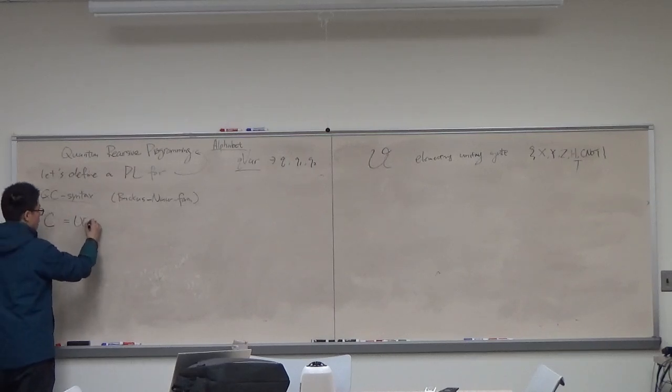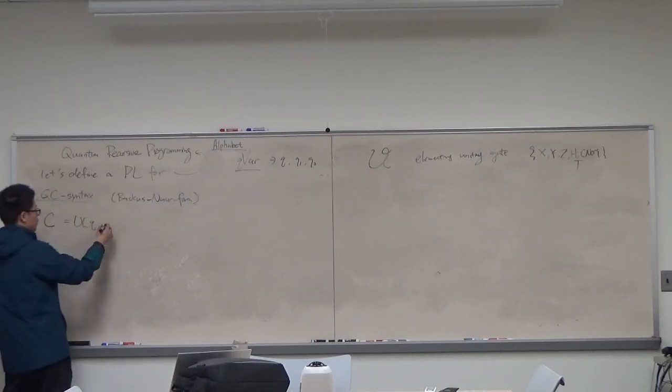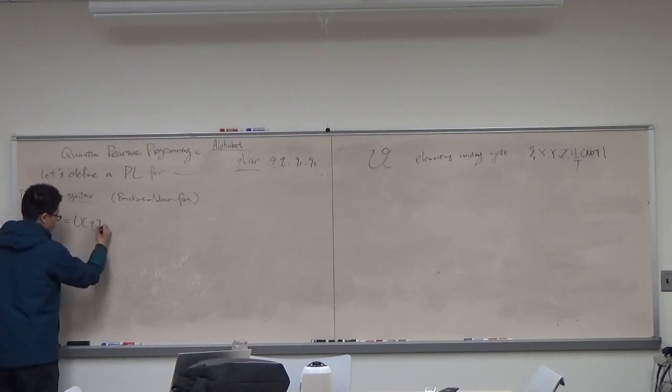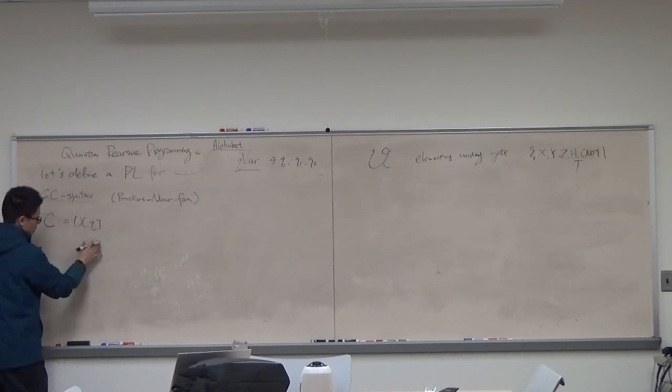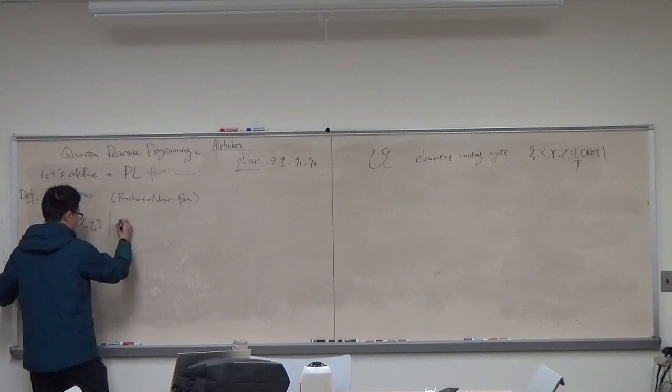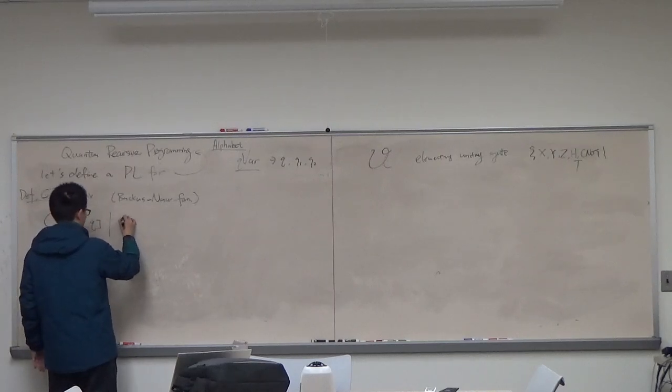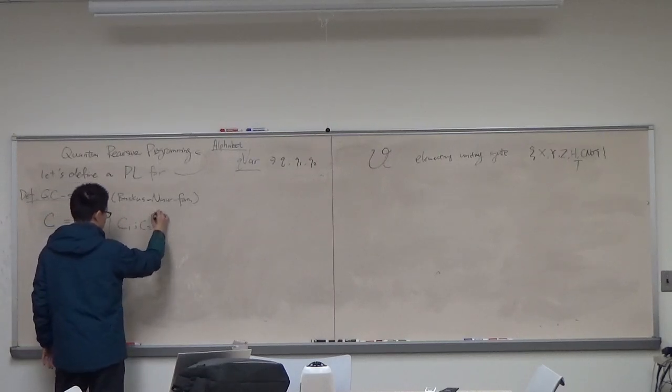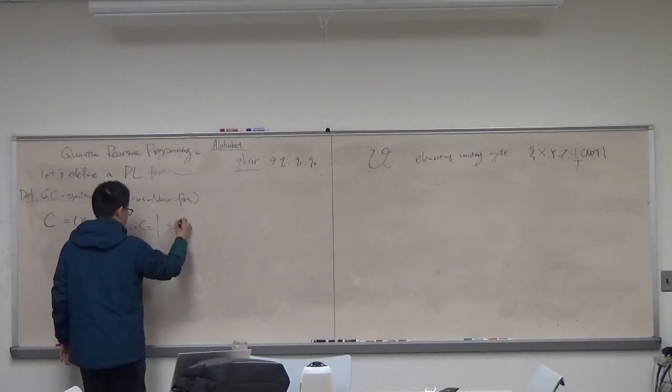It can be U applied to some Q. Okay, let's just think about U to be 1 and 2 qubit unitary. So it can be U applied to some single quantum variable, or it can be two sequential compositions, and QF.